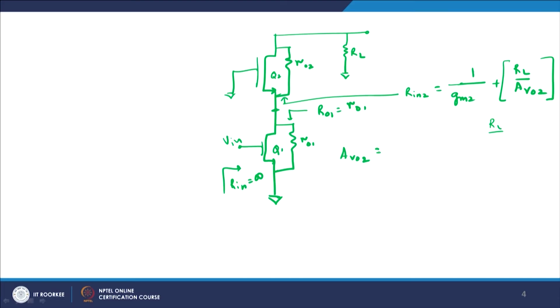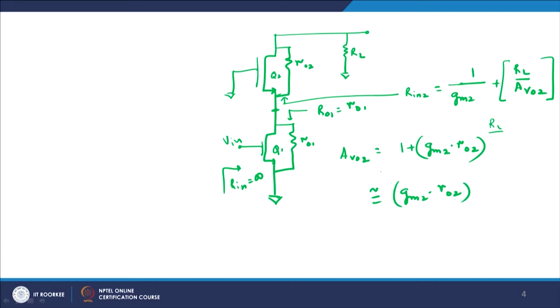AV02, which is the open circuit voltage gain of the second transistor, the common gate one, is given as 1 plus GM2 multiplied by R02.